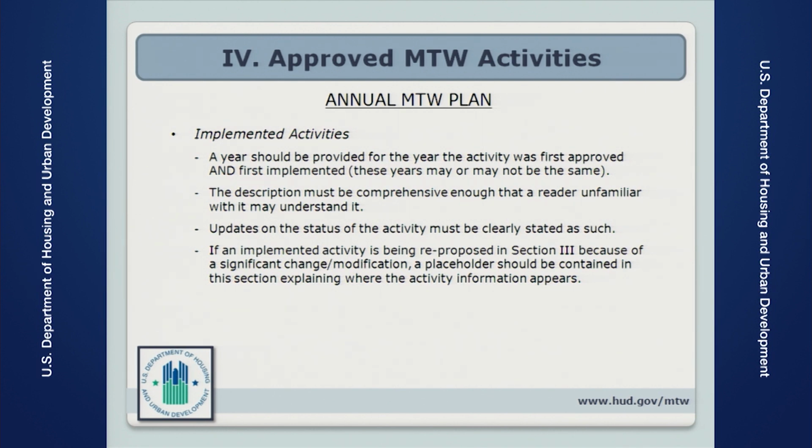And we've had concern from agencies in the past about that, if you just simply take the activity out of the approved section and move it back to the proposed section, then there's really no clear statement that it was previously approved. Sometimes stakeholders may think that the activity has disappeared in some way. So it will really help to avoid confusion if you leave a placeholder there just saying to refer the reader back to Section 3.